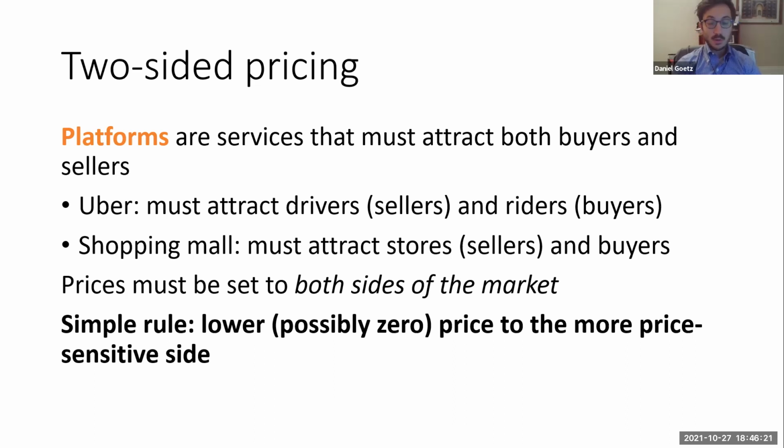So taking a percentage of the transaction price can be a good pricing strategy if you think that both sides might potentially be very sensitive. You might also have a negative price, right? So think about some game platforms like say Xbox. Microsoft subsidizes the development costs for companies that want to release games on the console, right? So they basically pay a negative price to use the console.